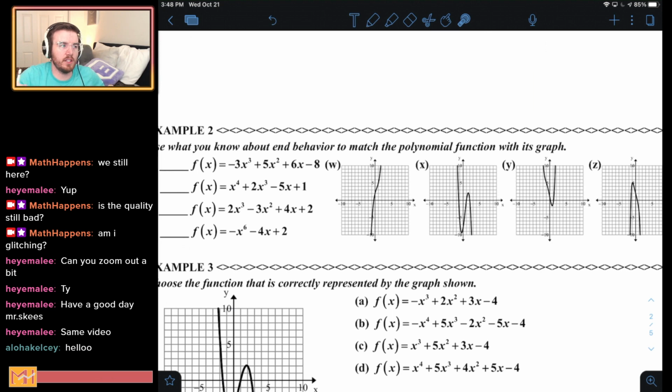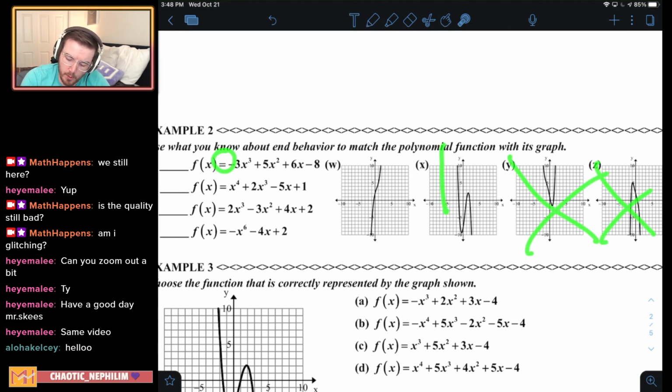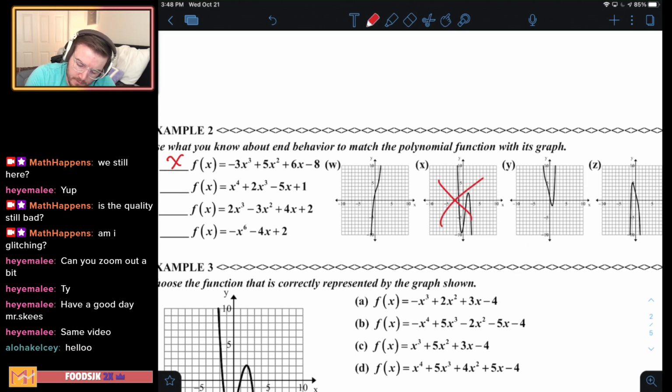Because odd functions have opposites, right? It's not symmetrical where it's up, up, or down, down. It's going to be different, okay, for odds. So I immediately know these two are out. If it's negative, it's got to work its way down. So this is X. So this one's out now.